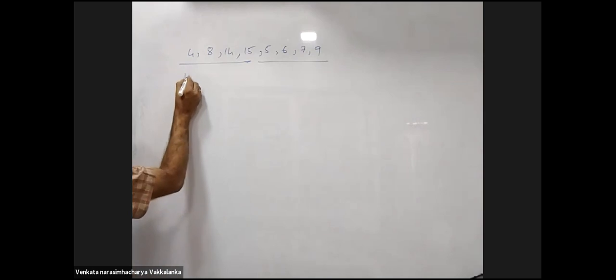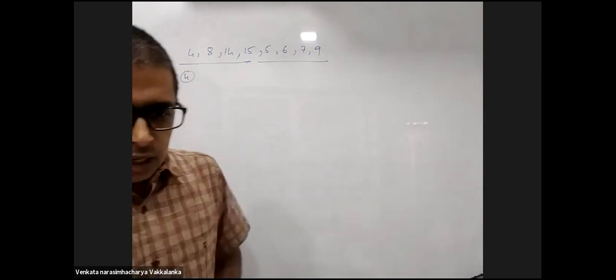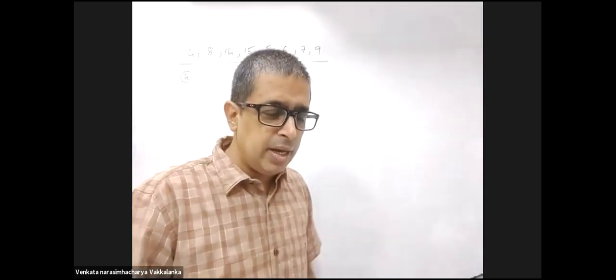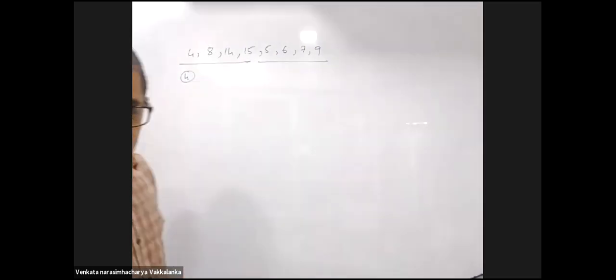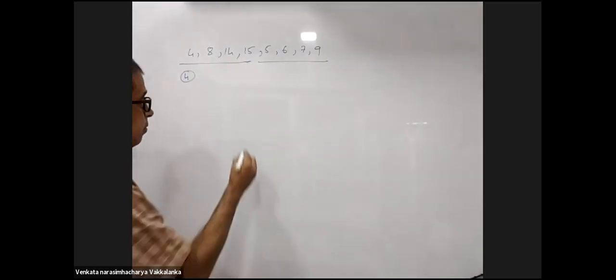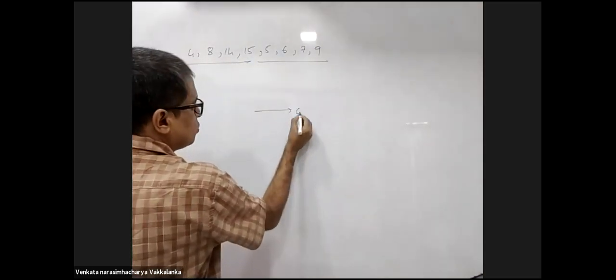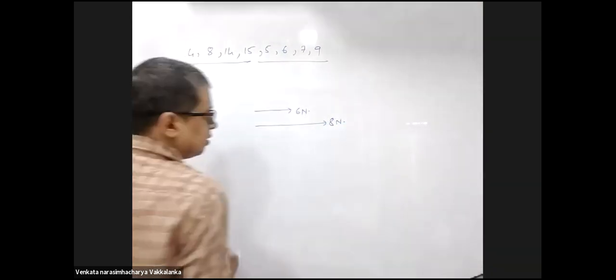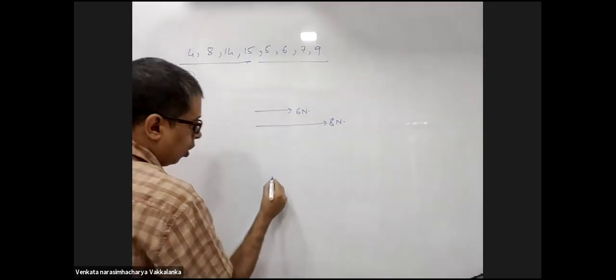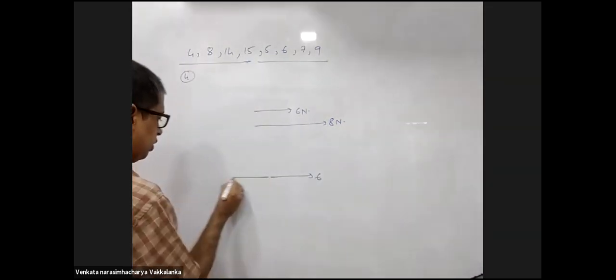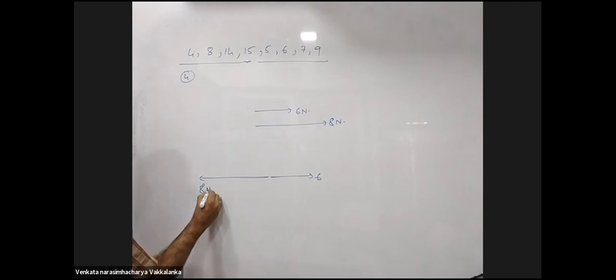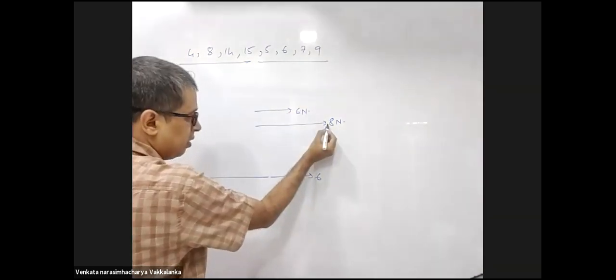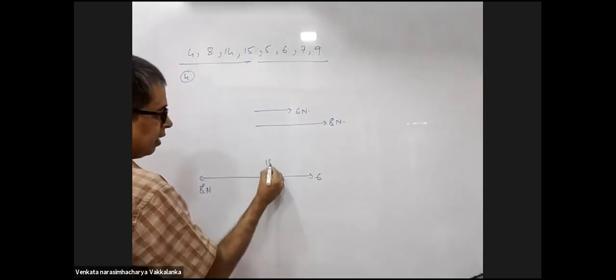Okay, 4th question. A force of 6 Newton and another 8 Newton can be applied together to produce an effect of a single force of. Listen, I can have 6 Newton and 8 Newton this way, or 6 Newton and 8 Newton this way. Minimum angle between them is 0, maximum angle is 180.